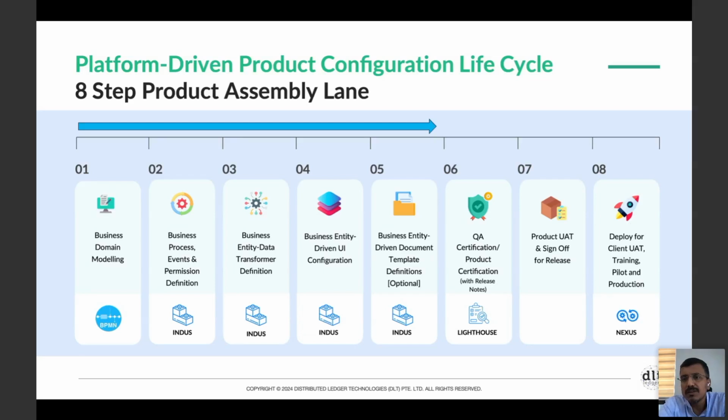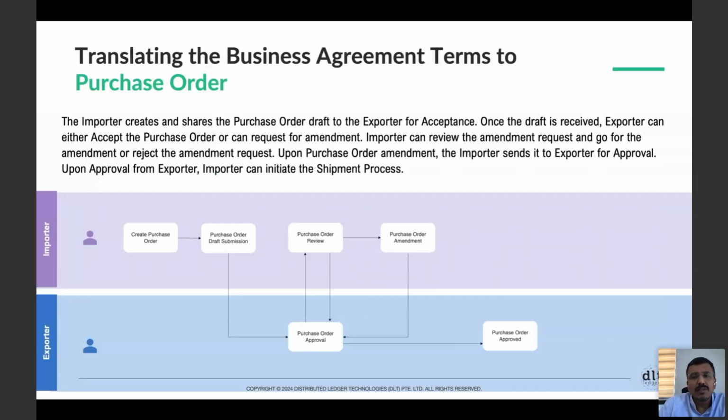So let's have a quick look at how we model a use case, and then I would hand it over to Hari to show you how he uses this modeling context to create configurations on Indus explicitly. The use case you would have seen in the demo that Samir had taken is that of a purchase order. You can see the business process flow diagram representing it.